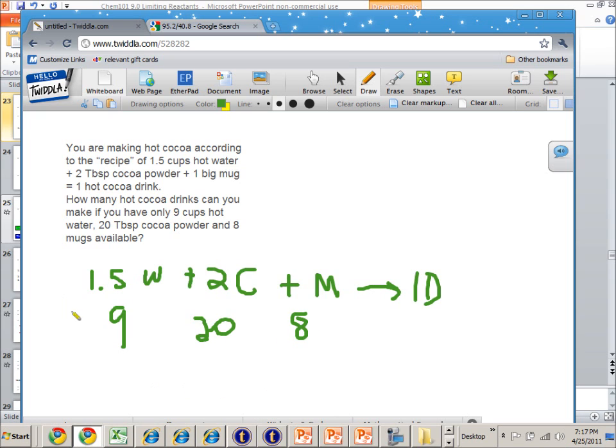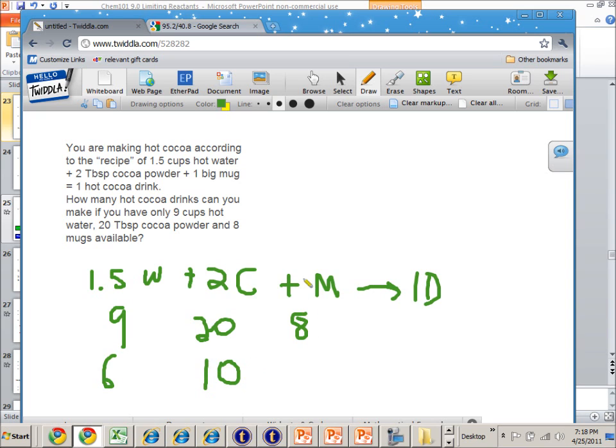So how many times over can we do this reaction if they give us 9? Yeah, so I just divide 9 by 1.5, and that tells me how many times I could do this reaction over and over again. How many times could I do reactions if I had infinite everything else but only 20? 10.